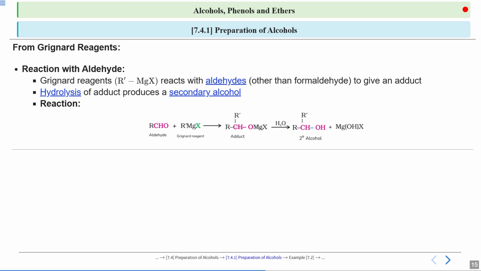The carbon is a secondary carbon, because that carbon is attached to two other R groups, which may or may not be the same, but two other carbons. So this is a secondary alcohol. So only formaldehyde is the aldehyde which produces primary alcohol. All other aldehydes, after reacting with Grignard reagent and the hydrolysis process, give us secondary alcohol.